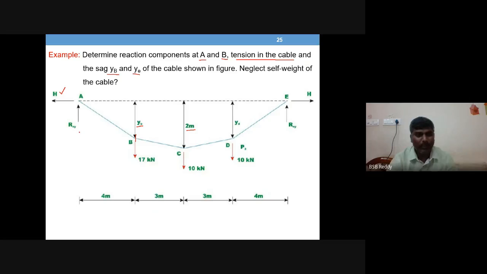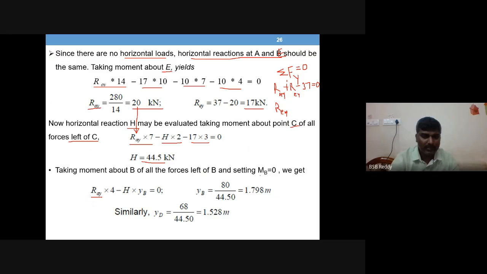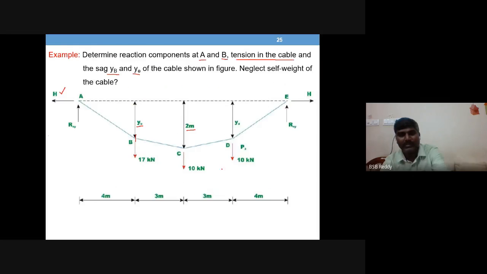It's very simple, there are only two forces: RAY into 4 clockwise, H into YB anti-clockwise. So RAY into 4 minus H into YB is equal to 0. Substitute for RAY 20 and H 44.5, you get the YB value, 1.798 meters.